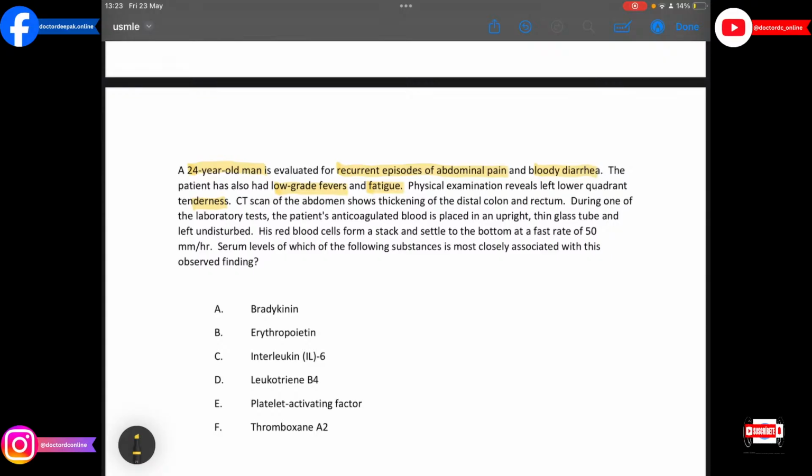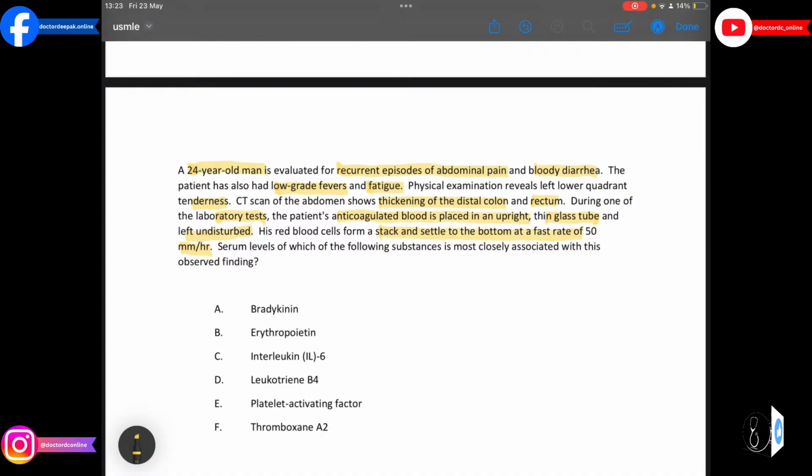A CT scan of the abdomen shows thickening of the distal colon and rectum. During one of the laboratory tests, the patient's anticoagulated blood is placed in an upright thin glass tube and left undisturbed. His red blood cells form a sediment at the bottom at a fast rate of 50 mm per hour. Serum levels of which of the following substances are most closely associated with these observed findings?